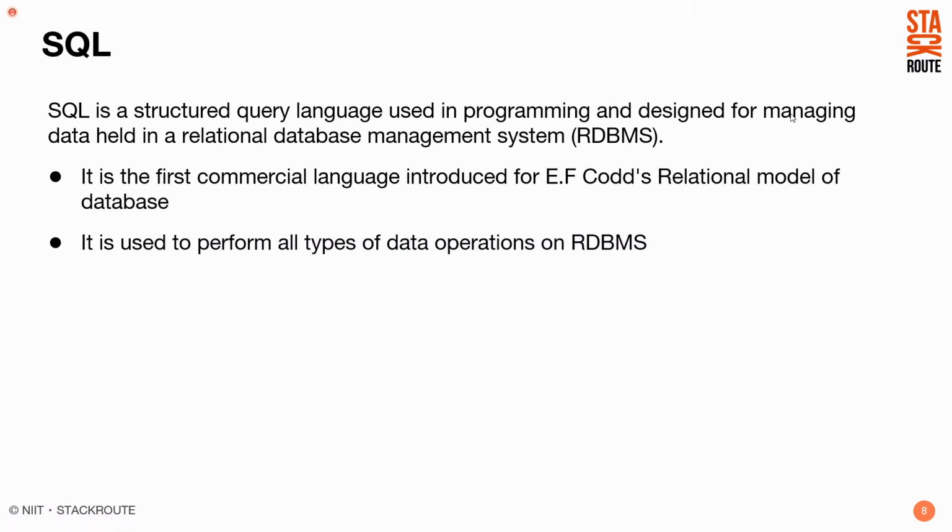It is used in programming and designed for managing data held in an RDBMS. In an RDBMS, if I want to control my data with respect to any operation, I need a language called SQL. It is the first commercial language based on E.F. Codd's relational model. He is an author. It is used to perform various types of data operations, and it is designed for managing data in an RDBMS package.